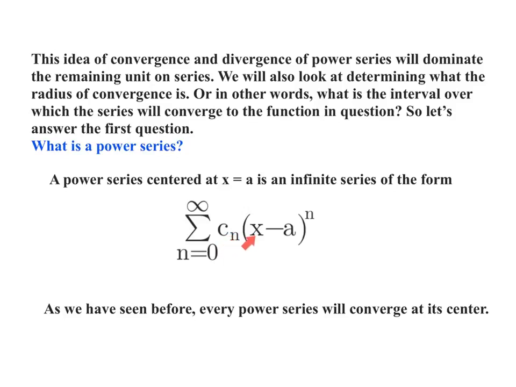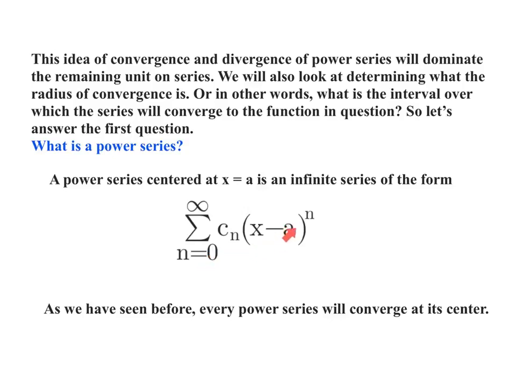All right, and then that coefficient is going to be multiplied by x minus a, where a is the center of our series, and then raised to the n power, which means the exponent is going to be increasing as we increase the number of terms.